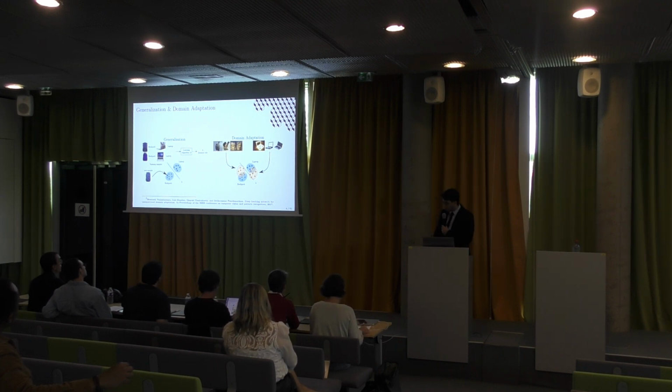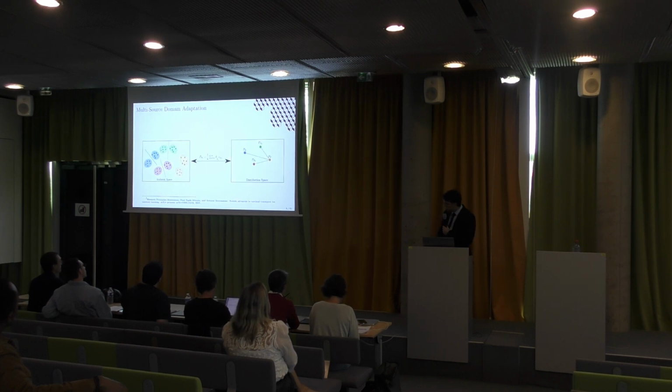Now, what we want in this thesis, as you see by the title, is to design new algorithms for domain adaptation. The part where this thesis is effectively different is that we deal with multi-source domain adaptation. So in a nutshell, we don't have only one single source. We actually have many, each one with its own distribution.